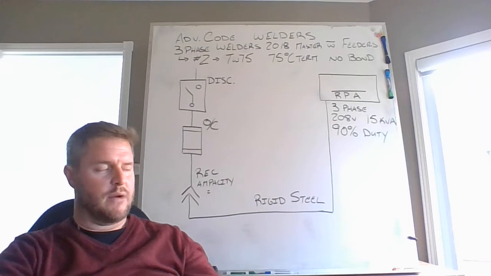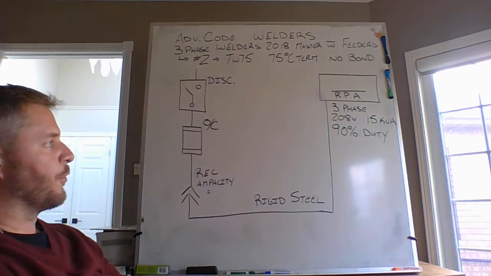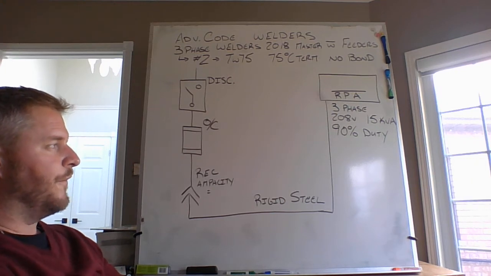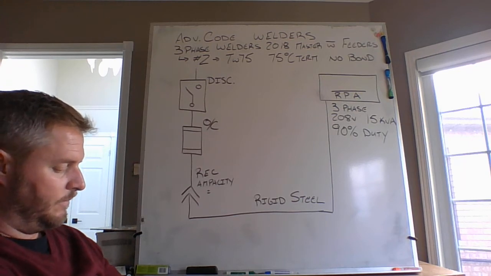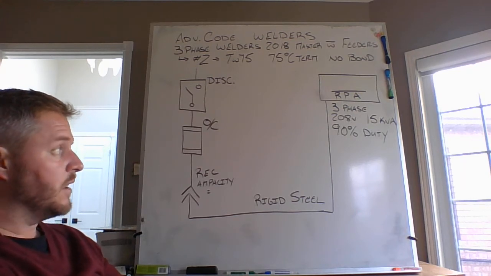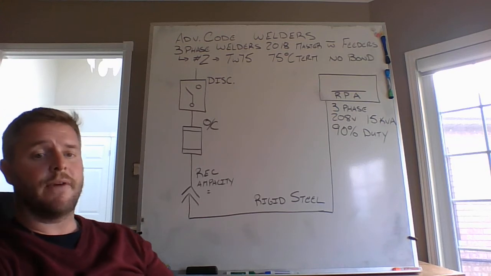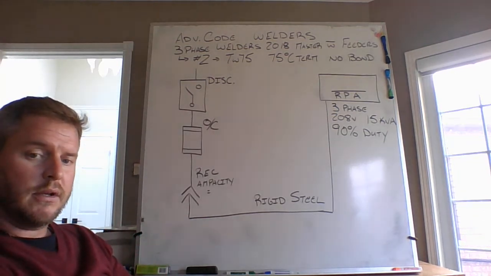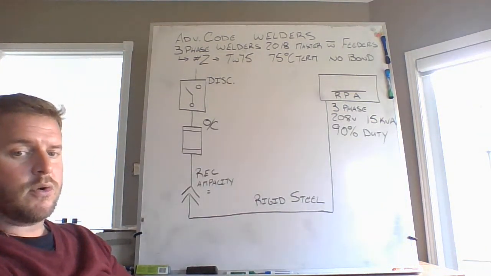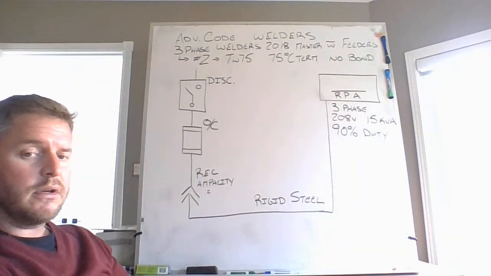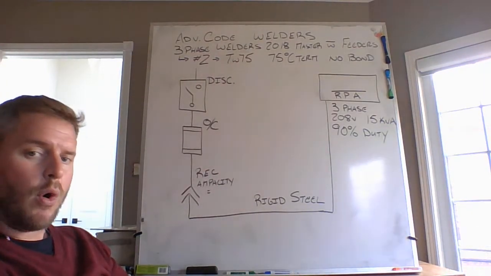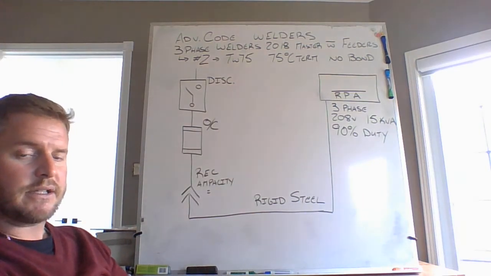The second one on that sheet is a 3-phase welder, 208 volts, 15 kilovolt amps with a 90% duty. Okay, 3-phase values. We first need to figure out what our rated primary current is going to be. Okay. This installation is going to be in rigid steel, and we're going to size the minimum ampacity for a receptacle as well as an overcurrent device and the disconnect.